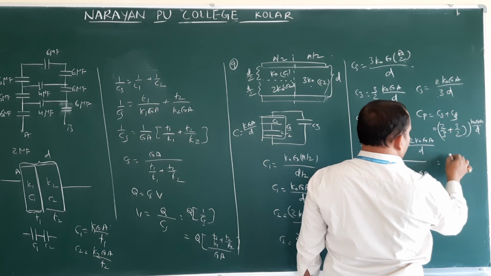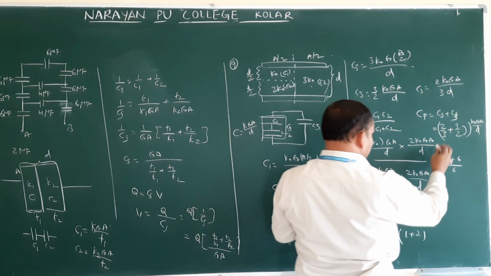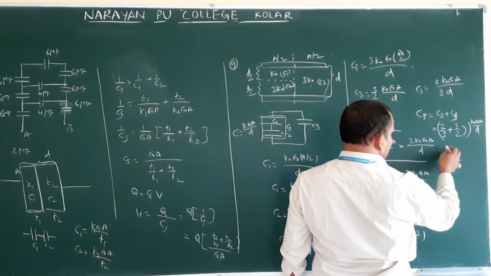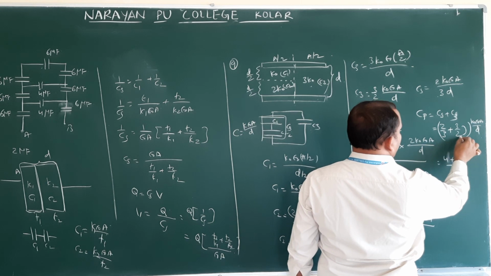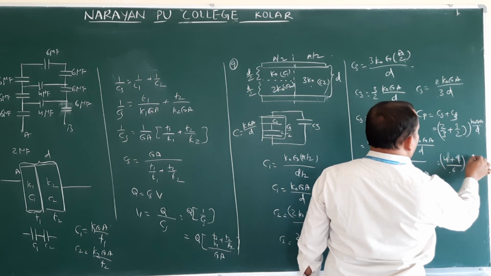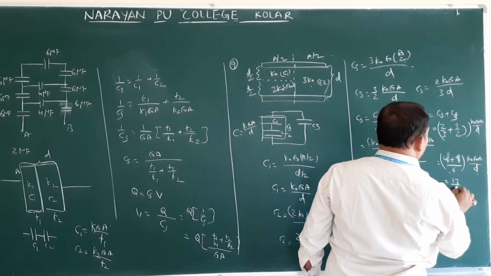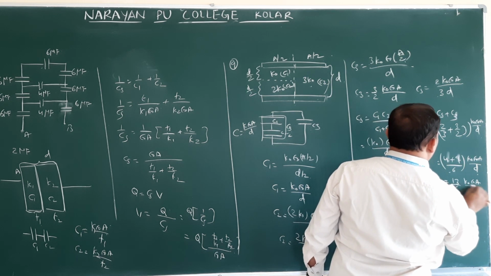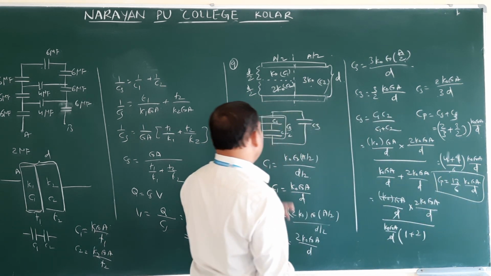6 means 6 plus 6. Correct only? 6 plus, 2 3s are 6, 2 2s are 4, 4 plus 3 3s are 9, K naught epsilon naught A by D. So 13 by 6 K naught epsilon naught A by D. This is Cp, the resultant capacity.